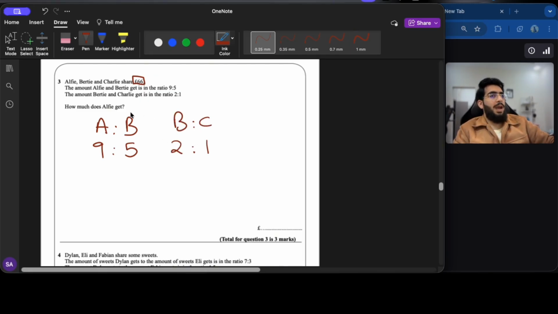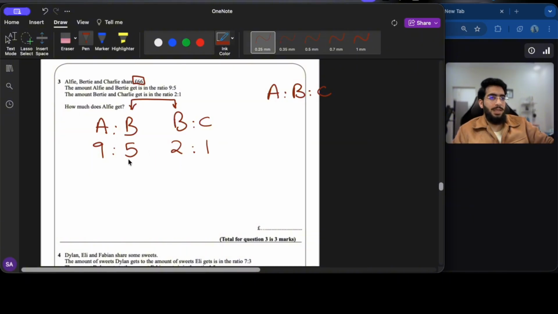We basically have to make sure that these two B values are the same numbers, because we need to know the relationship between A, B, and C, all three of them, in order to find out how much A gets. And here we can clearly see that the numbers are not the same for B, and we can make it the same so that we just get a common relation, that's A ratio B ratio C. So in order to do that, as I told you, we try to make them the same.